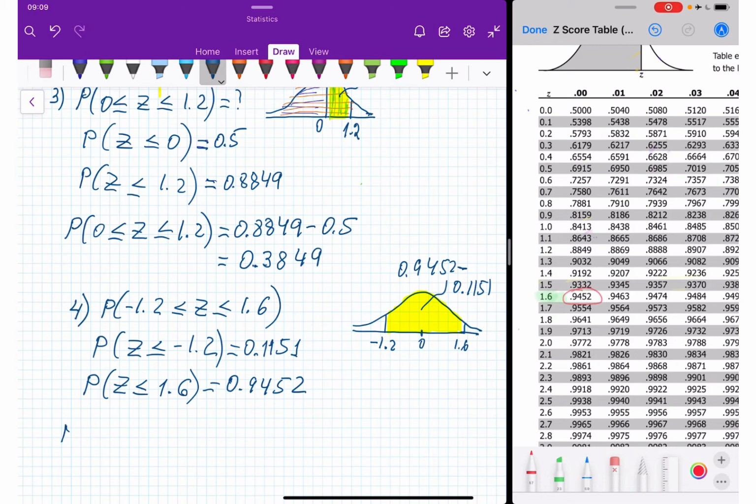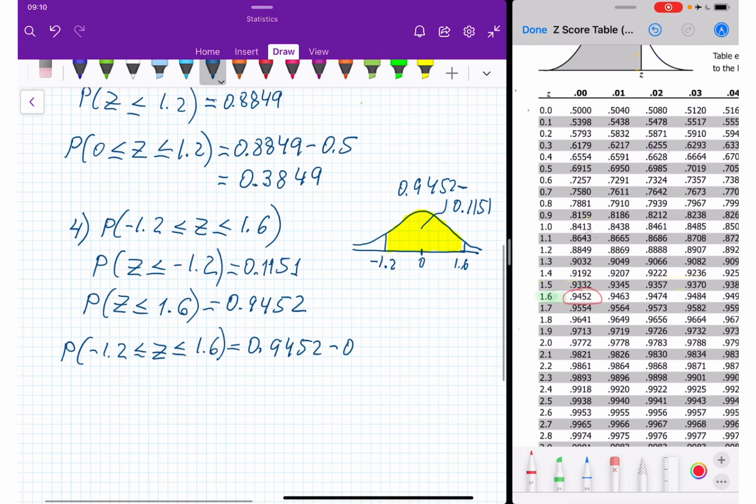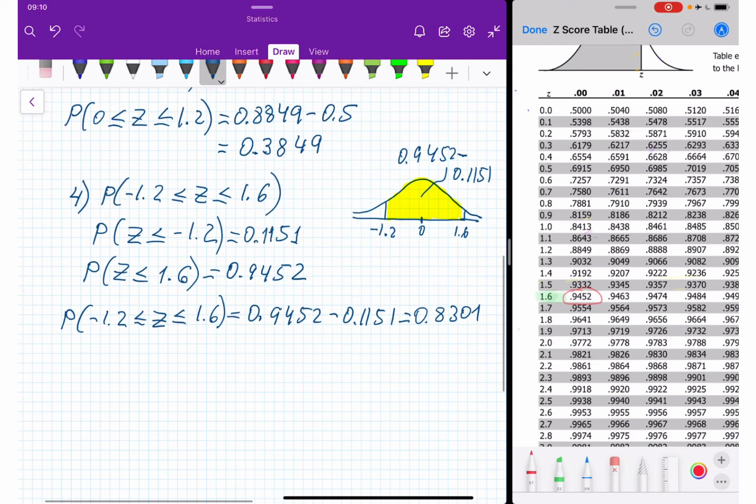Okay, so probability negative 1.2 less equal z-score less equal 1.6 is equal 0.9452 minus 0.1151, and the answer is going to be 0.8301. Question number 5.